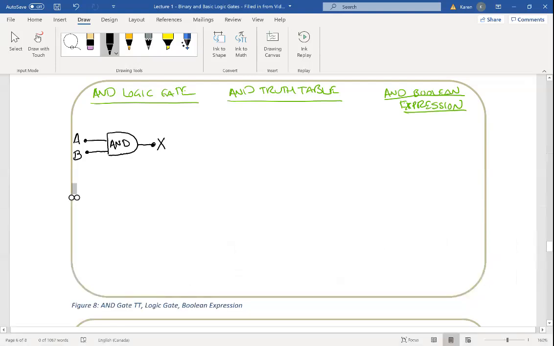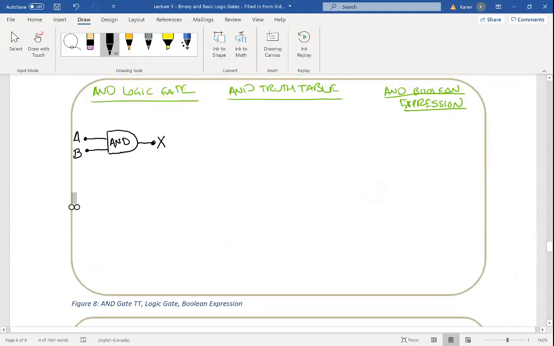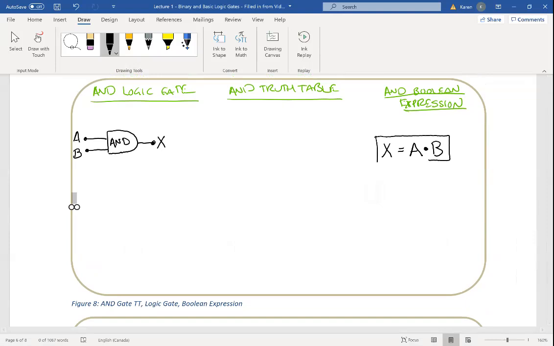If I were to write a Boolean expression for this, the output X is equal to A and B. This expression is read, output X is equal to A and B. It's not A times B. It's a Boolean expression, which means AND, not multiplication.